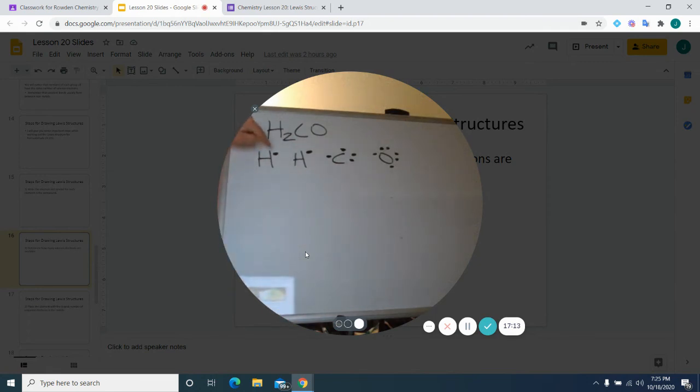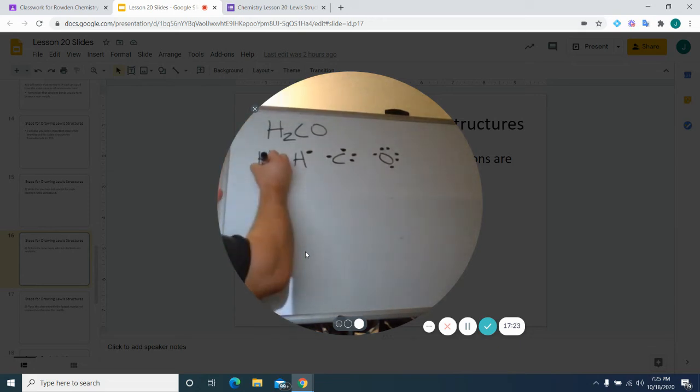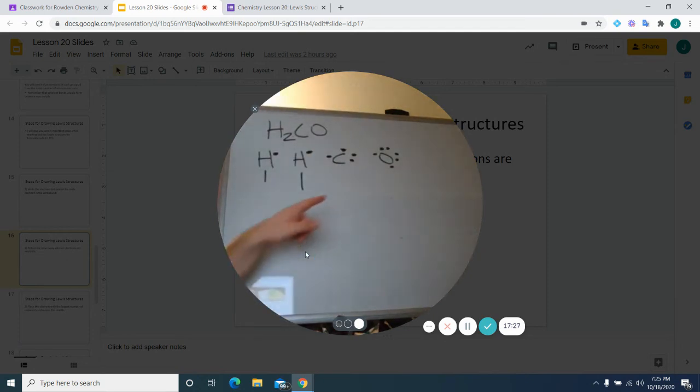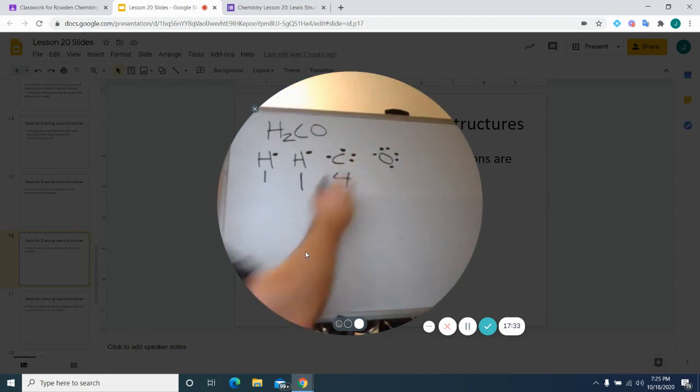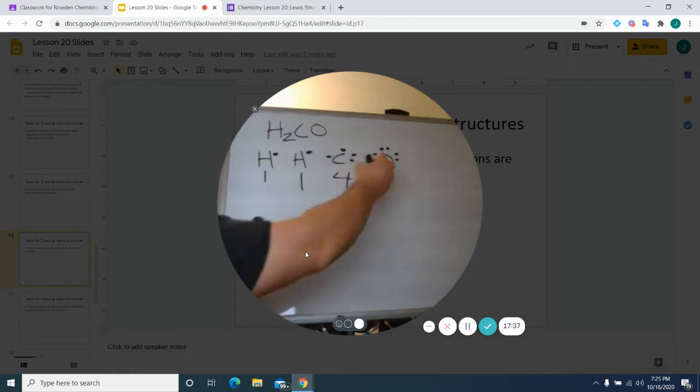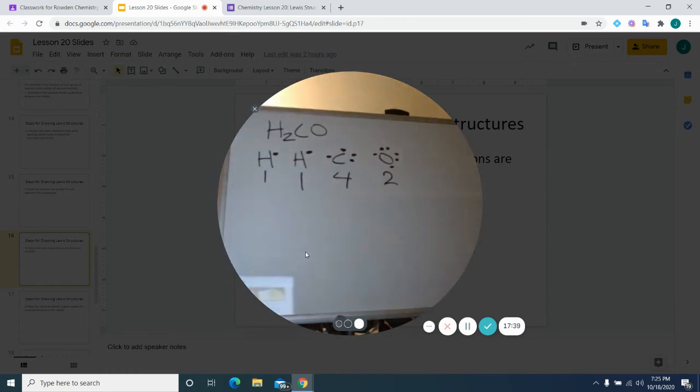Hydrogen has 1, and most atoms want to get to 8, but remember, hydrogen's happy with 2. So each hydrogen wants one more bond. How many bonds is carbon going to want? It has 4 electrons and wants to get to 8, so it needs to make 4 more bonds. And how many bonds does oxygen need to make? It's at 6 and wants to get to 8, so it needs to make 2 more bonds.